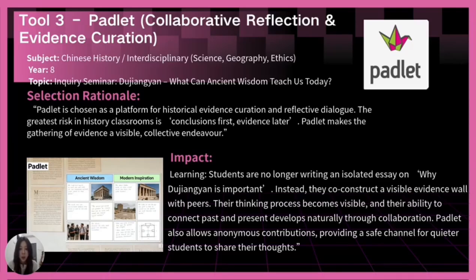Instead, they co-construct a visible evidence wall with peers. The thinking process becomes visible, and their ability to connect past and present develops naturally through collaboration. Padlet also allows anonymous contributions, providing a safe channel for quieter students to share their thoughts.